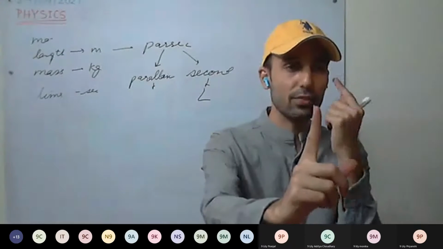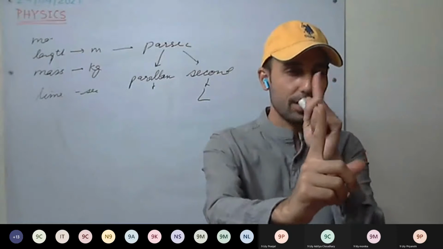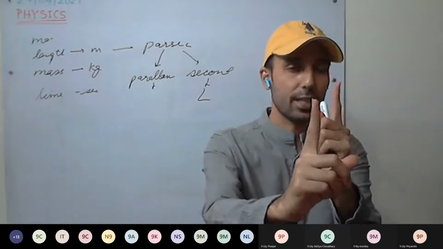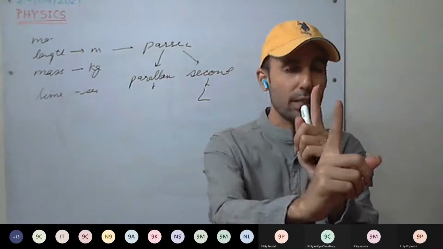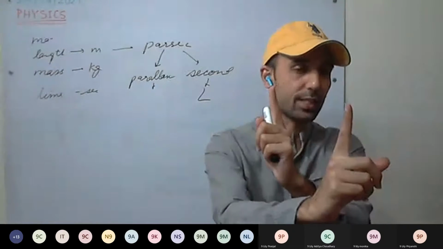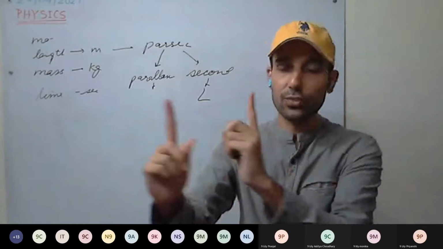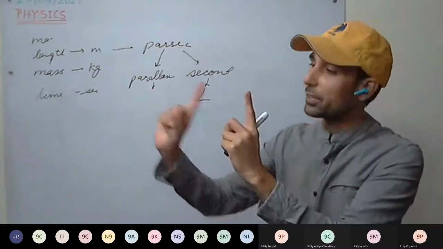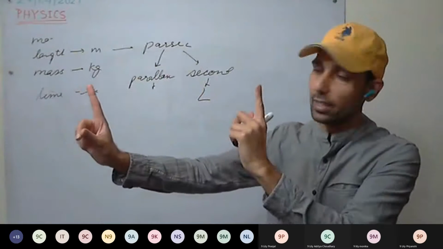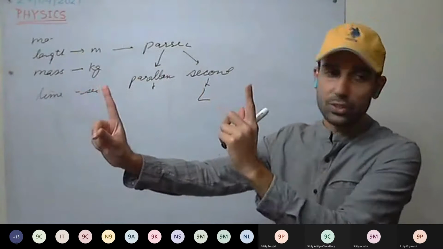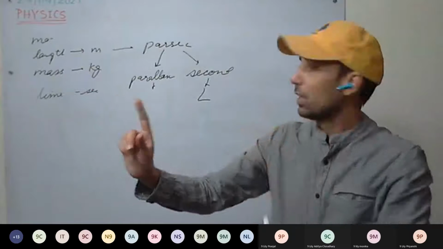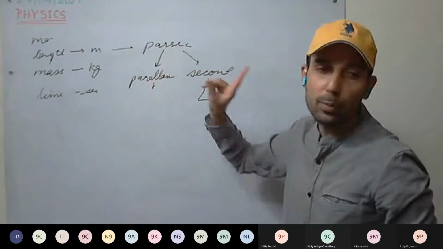When you close your left eye, the near finger is on this side, but when you close the right eye, the near finger appears shifted to the other side of the far finger. The near finger shifts more as compared to the finger that is far away. This is called parallax. Using this property, we will derive parsec.